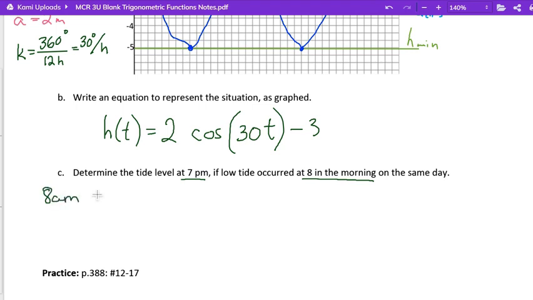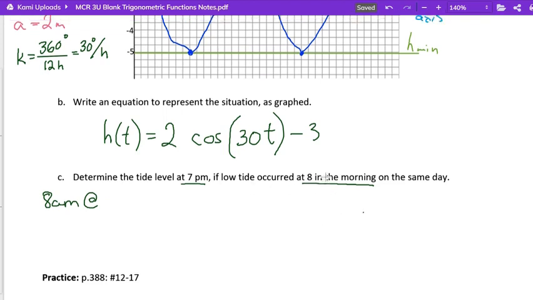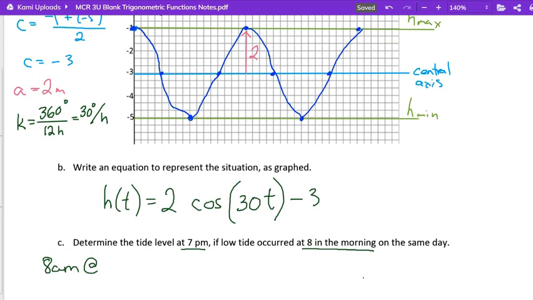Not time equals 0. 8 a.m. is low tide. So where is low tide? Low tide is here. Time equals 6 at low tide. Okay, so 8 a.m. is at time equals 6.